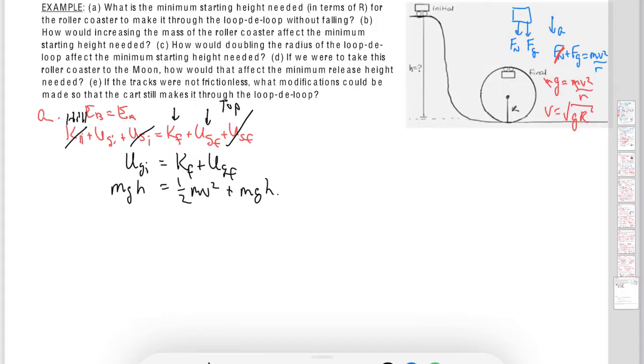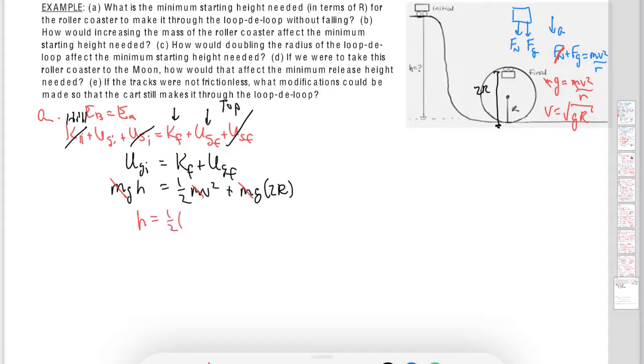If I plug in, this is going to be mg times 2r, because I'm at a height of 2r at that point. And so you can see here's our game again. We don't have to worry about the mass, okay? And then now I can substitute in my speed that I found over here.